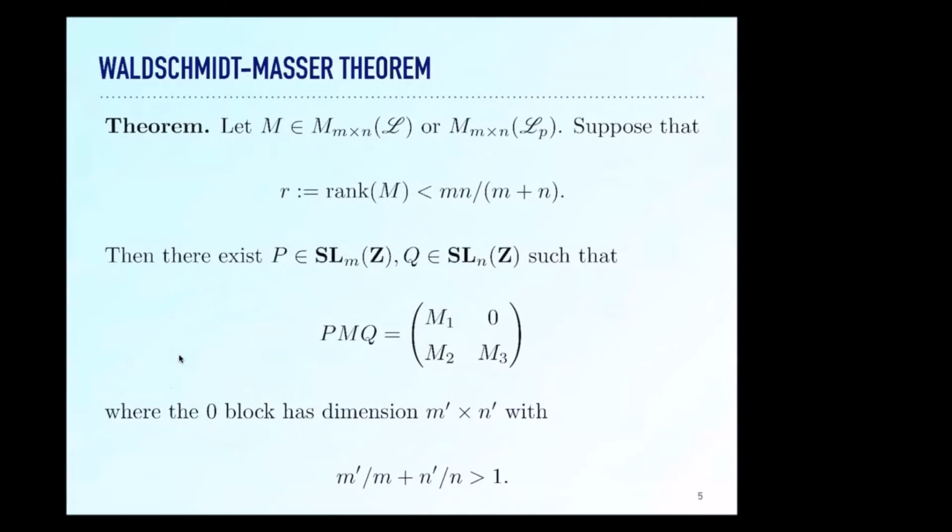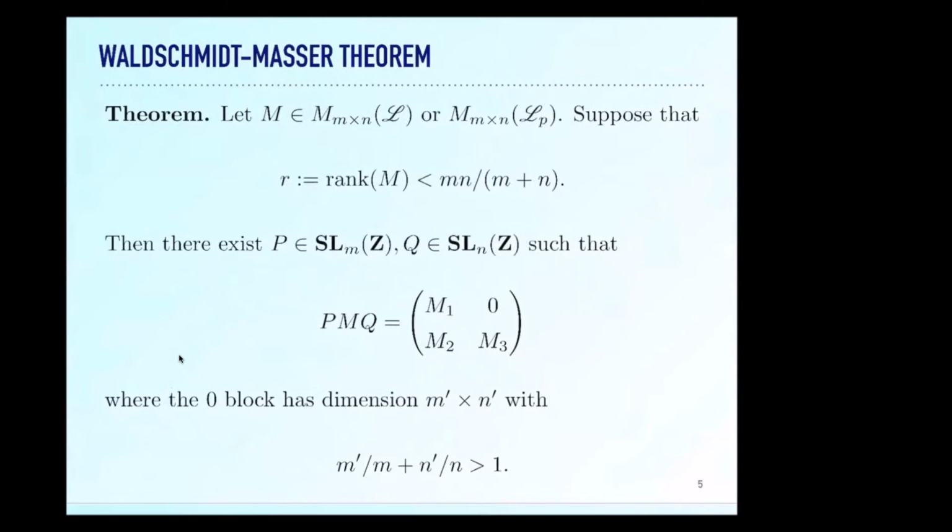Now the main topic of today's lecture is Waldschmidt's theorem, which is half of this theorem, which I've stated here, the Waldschmidt-Masser theorem, which is: suppose I have an m by n matrix of logarithms of algebraic numbers, and suppose that the rank of this matrix is less than m times n divided by m plus n. Then there exists a change of variables on the left and on the right, such that I can write this matrix as having a large chunk of zeros in the upper right-hand corner, a block of zeros.